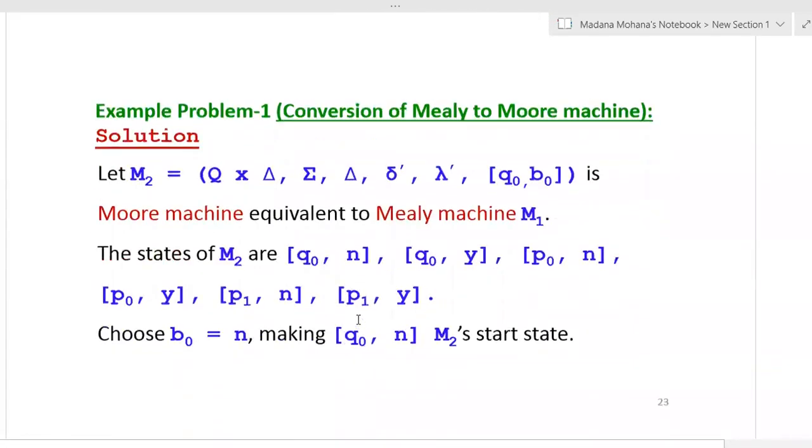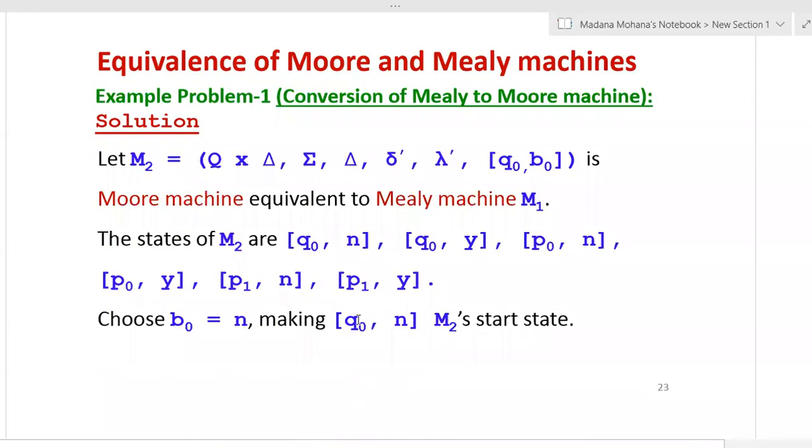Now according to the theorem procedure, first we will assume M2 is our equivalent Moore machine, given by the tuple. First we will take the states as the pairs of Q cross output alphabet delta. So Q cross delta is the states, sigma is the input alphabet, delta is the output alphabet, delta dash is our transition function, lambda dash is the output function, and (q0, b0) is the initial state.